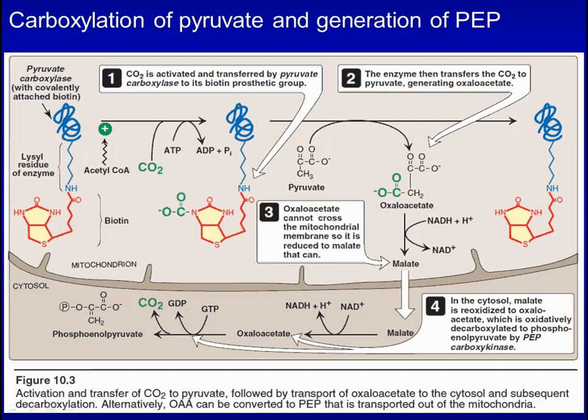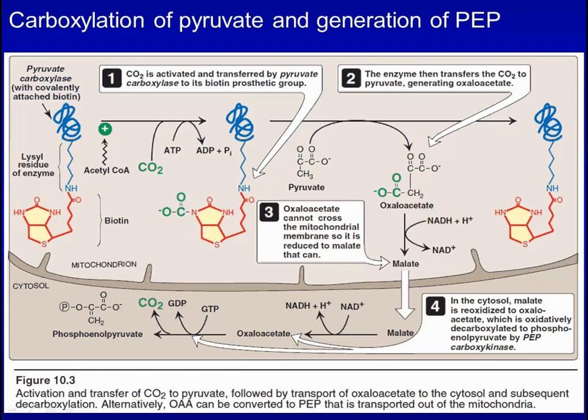First, carbon dioxide is activated and transferred to the coenzyme biotin. This step consumes 1 ATP. Then pyruvate carboxylase transfers carbon dioxide to pyruvate, generating OAA, oxaloacetate.